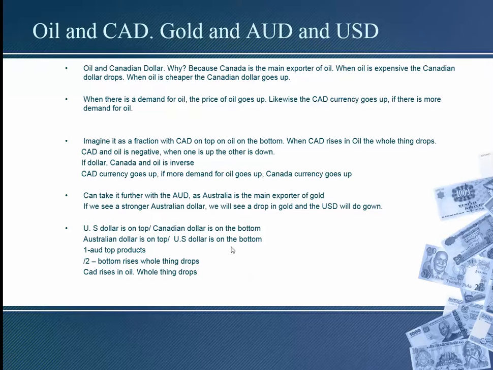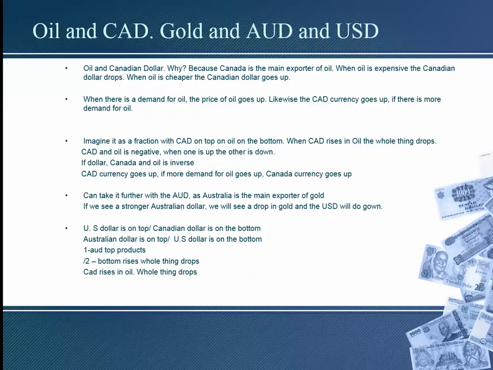The Australian dollar could be on top and the US dollar on the bottom. Here I've put the Australian dollar on top, and when the bottom rises, the whole thing drops. It's inverse.